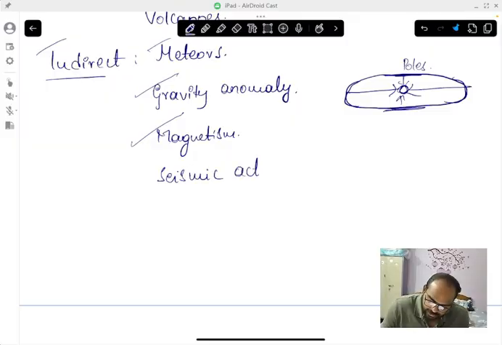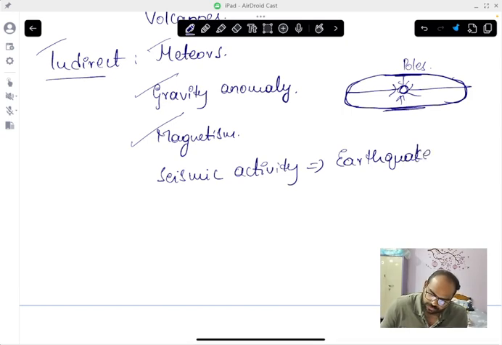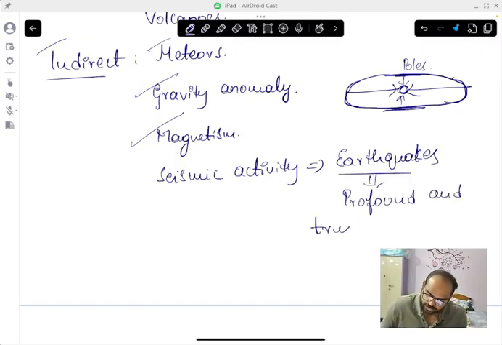It is nothing but earthquakes. By far, this is the most profound and most trusted evidence to know about the interior part of the earth.